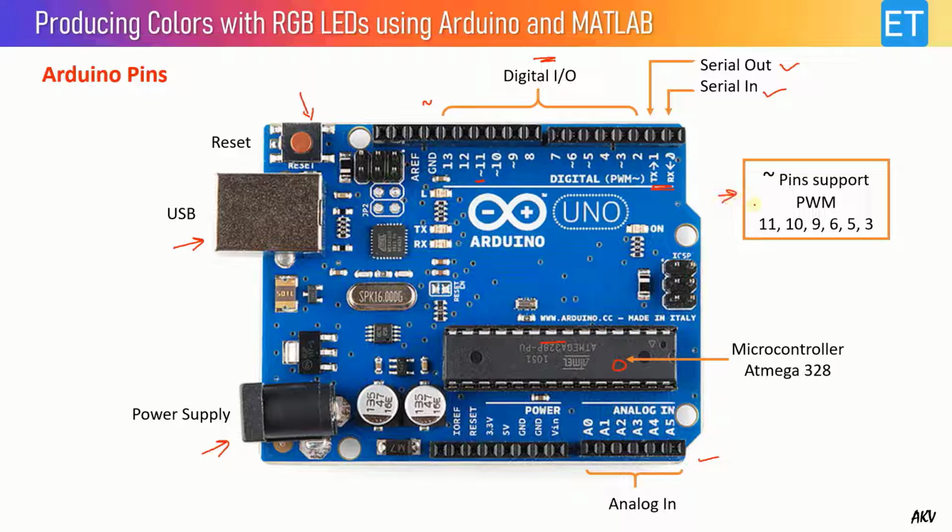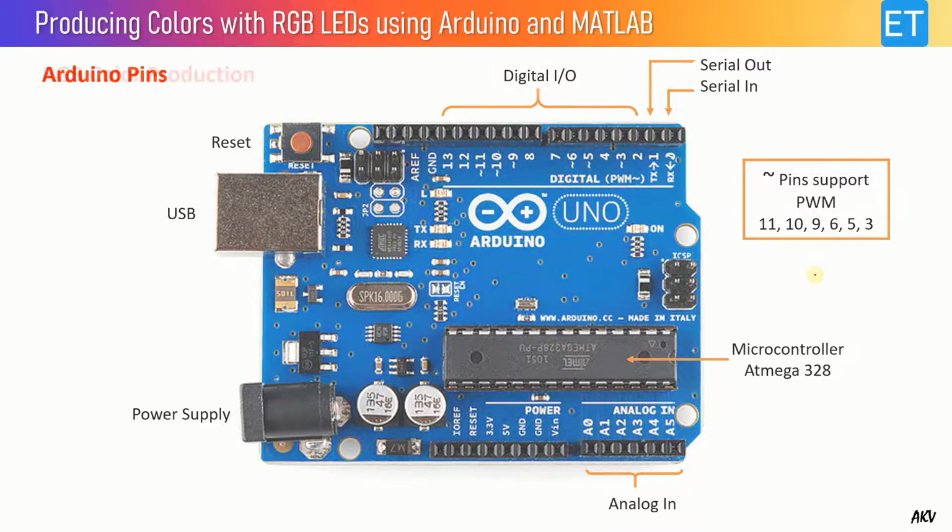So these pins actually have the support of PWM, that means pulse width modulation. These pins can give any voltage in the range 0 to 5 volt with the help of PWM. In the coming slide, I will explain how they produce different voltages using PWM.